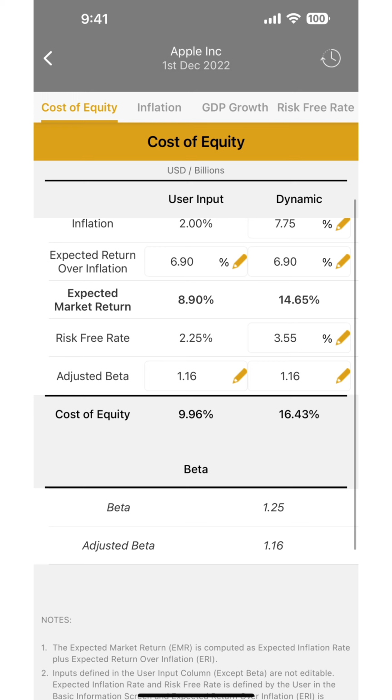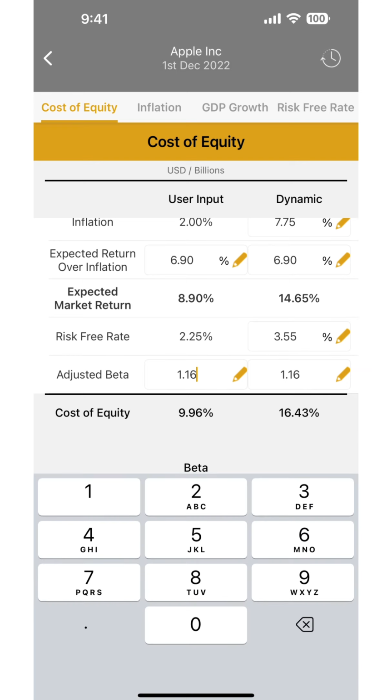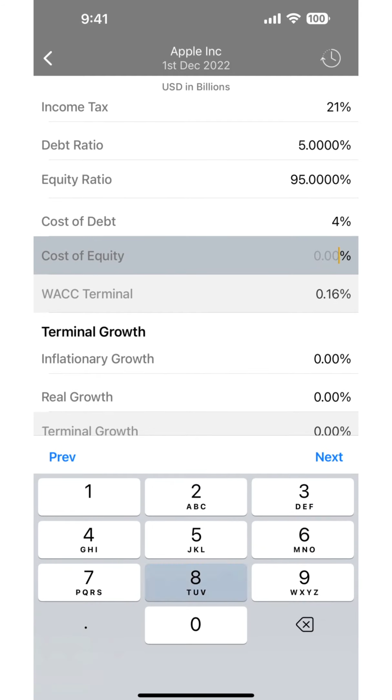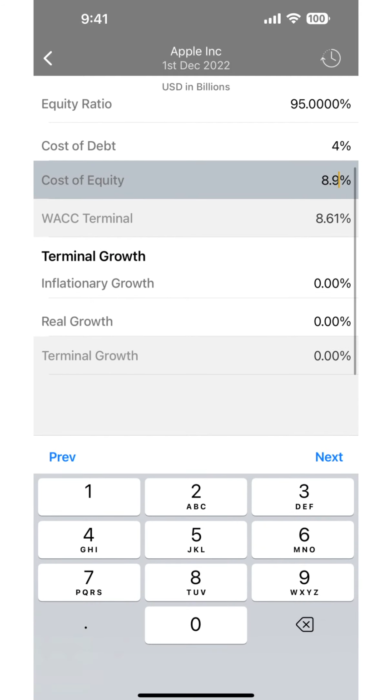Users can also deploy other models or just use expected market return, which is an implicit rate of return the investors expect in the stock market. The cost of equity for Apple is computed at 9.96% as computed by the app. However, we have reduced the beta from 1.16 to 1 as we expect beta to be around expected market return. Thus, the revised computation comes to 8.9%.